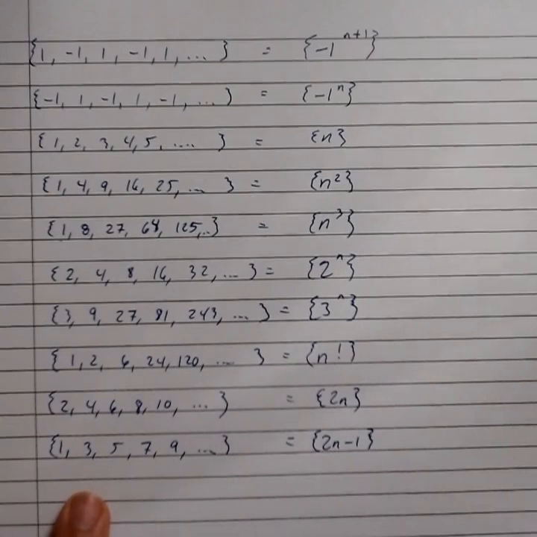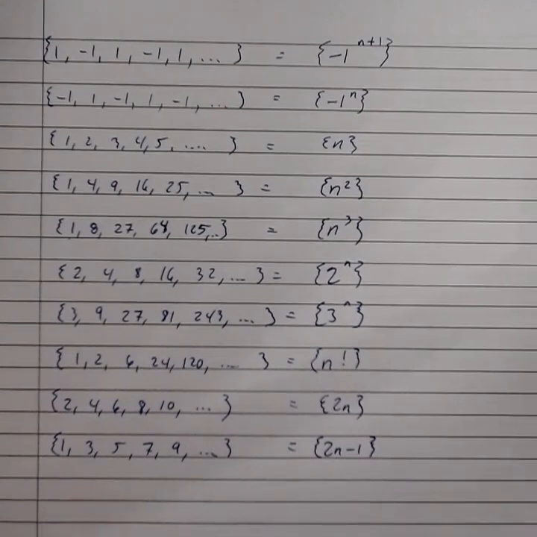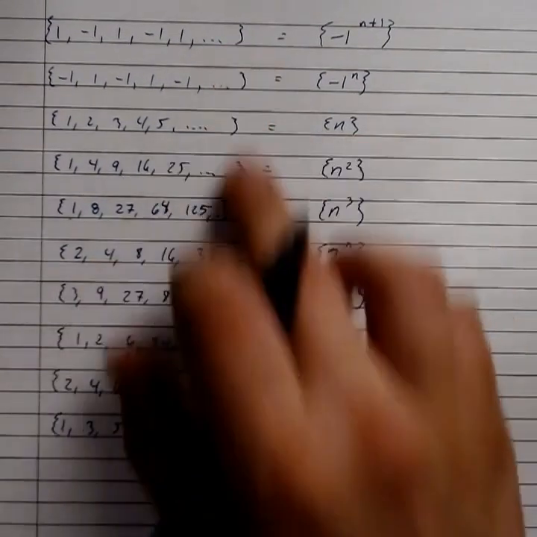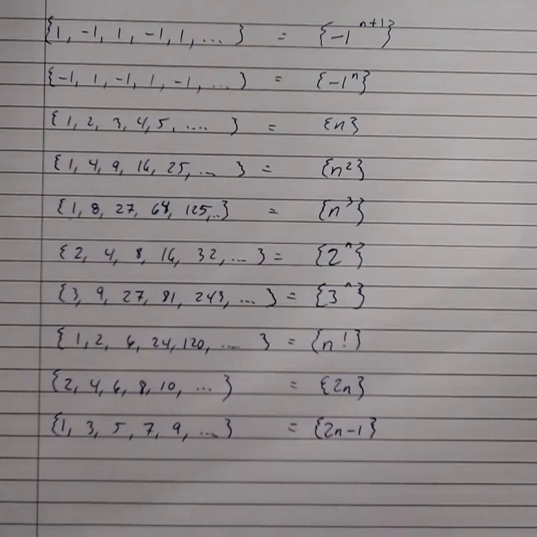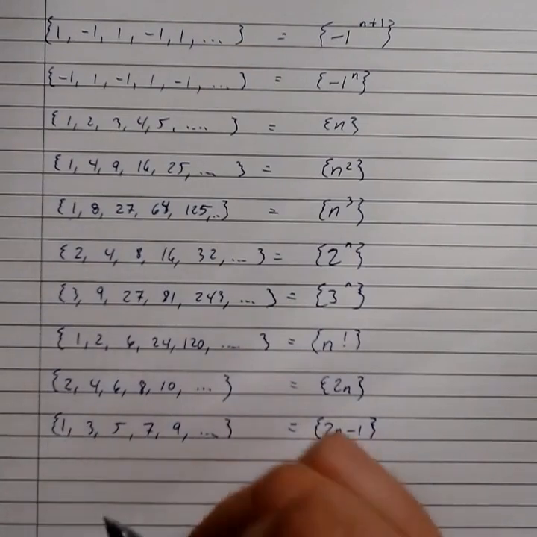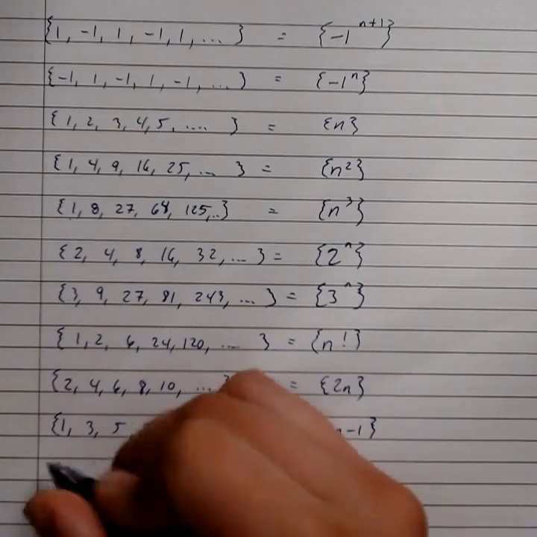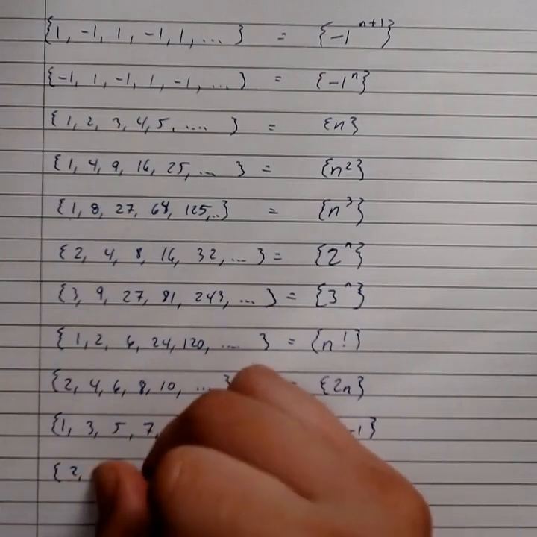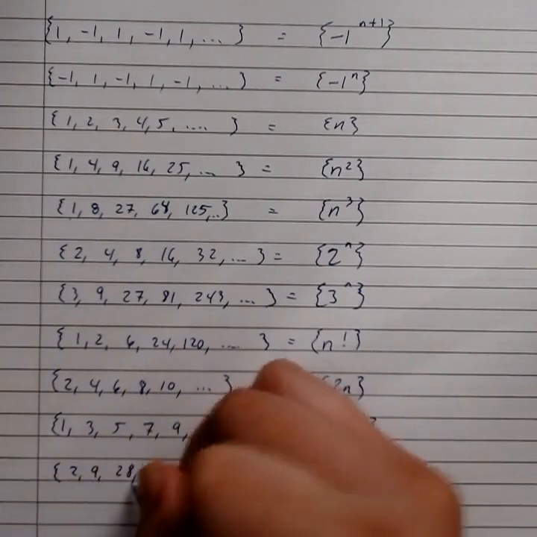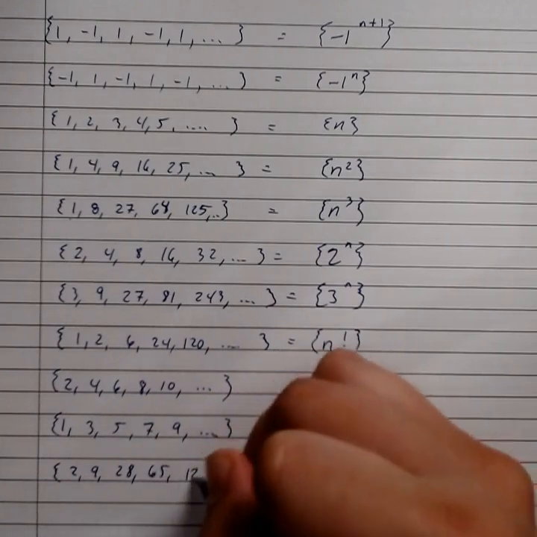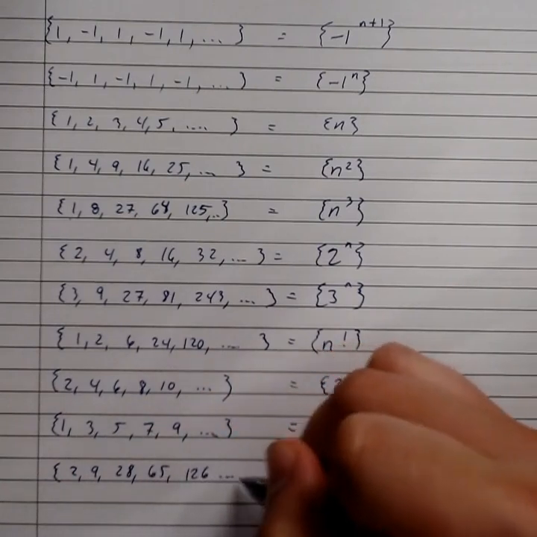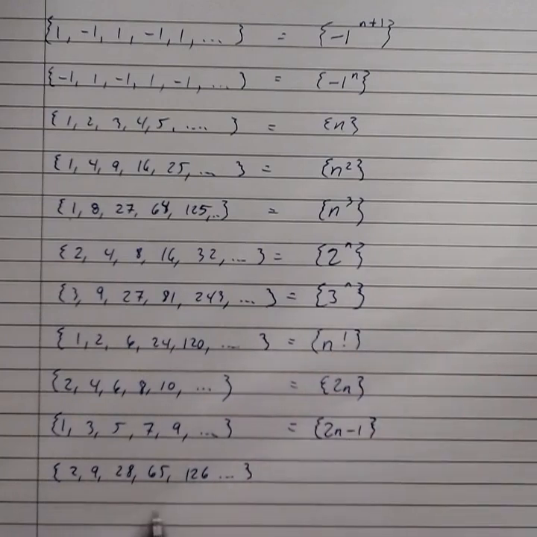Like that. And finally, be mindful of the fact that you won't always have exactly these numbers, even though you might have the same pattern. So for example, you might have a sequence that looks like 2, 9, 28, 65, 126, and so forth and so on. Here, this isn't one that is different from any of the other ones we've seen.